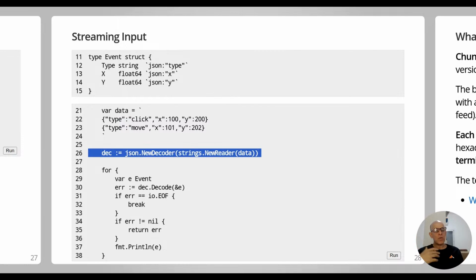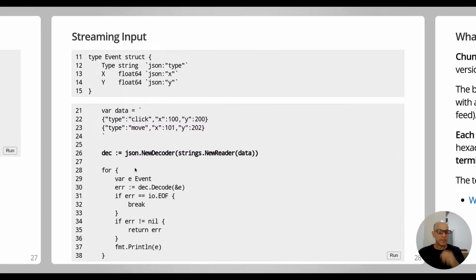What I need to do now, when we have streaming, we don't know how many elements are coming in. I have no idea. So I need to do a possibly infinite for loop. And in this for loop, I'm going to create this event that I want to decode into, and I'm going to call decode on that.